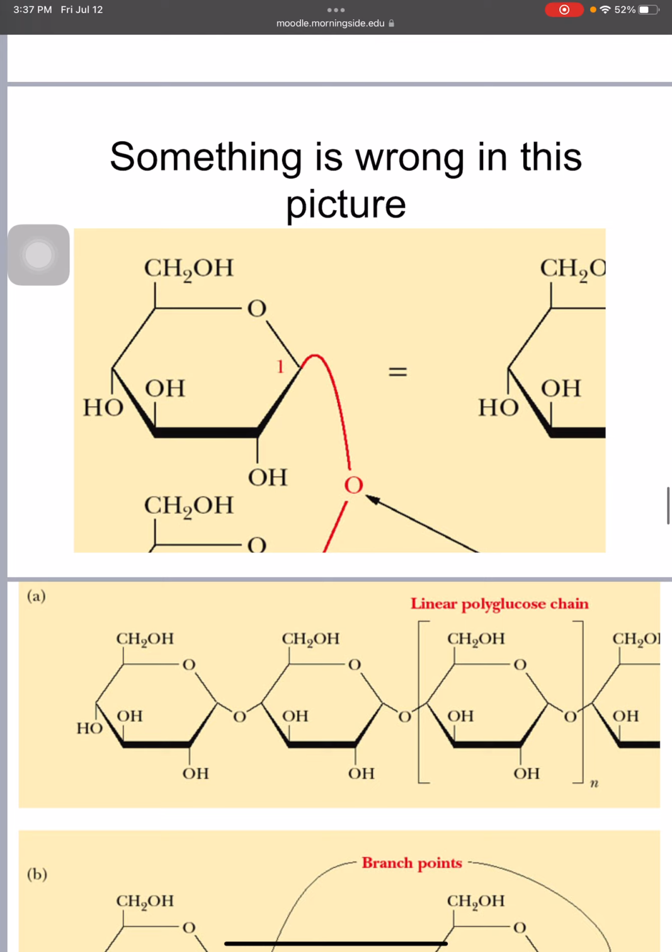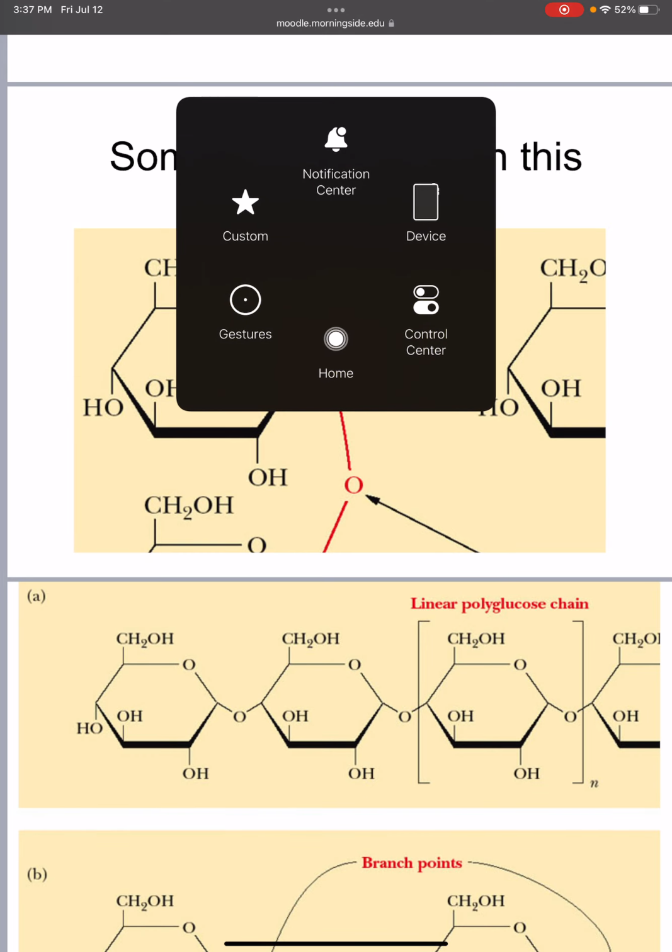There's another picture in your book where they took a couple of saccharides and drew something they called beta-beta-1,1 glycosidic bonds. Well, first of all, let me tell you why we have two betas.